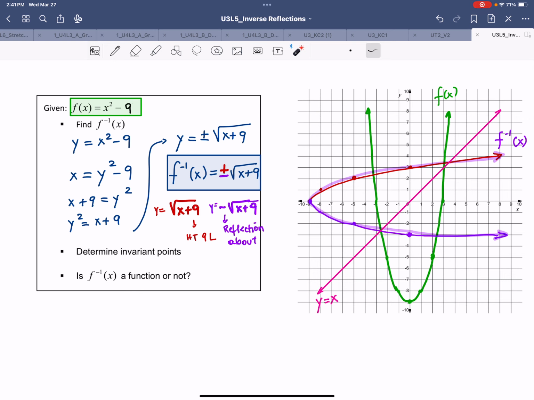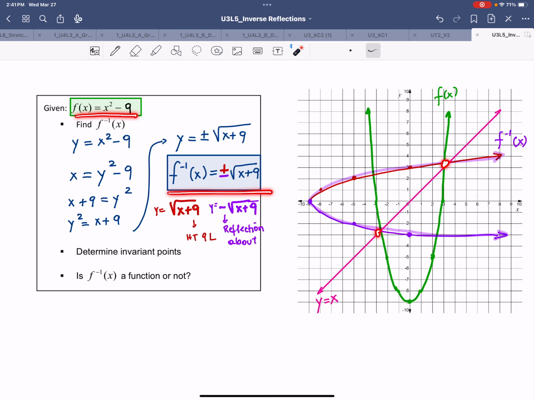So if you want to find the invariant points, it means that these are points that belong to both graphs. So we can use either the given function or the inverted function to find the coordinates of the invariant points.